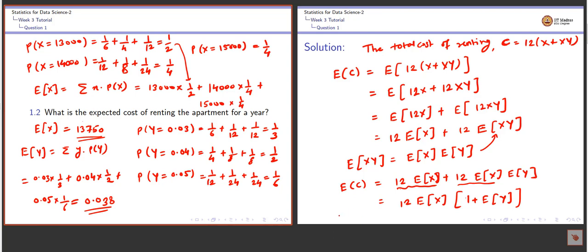By substituting all the values, the expectation of C equals 12 times 13,750 into (1 plus 0.038), which is 1,71,270. So this is the expected cost of renting, in rupees.